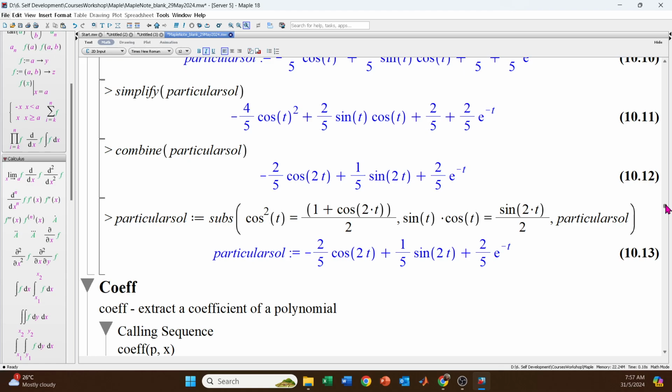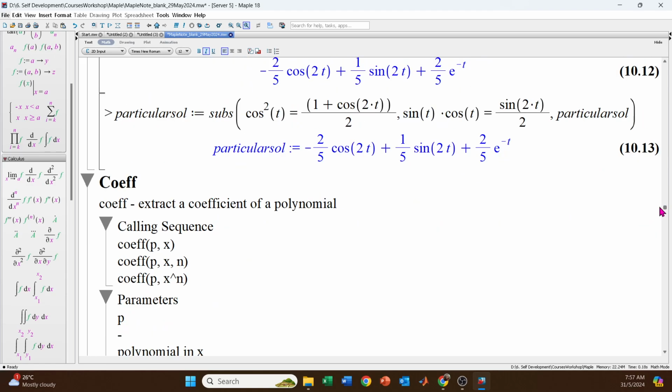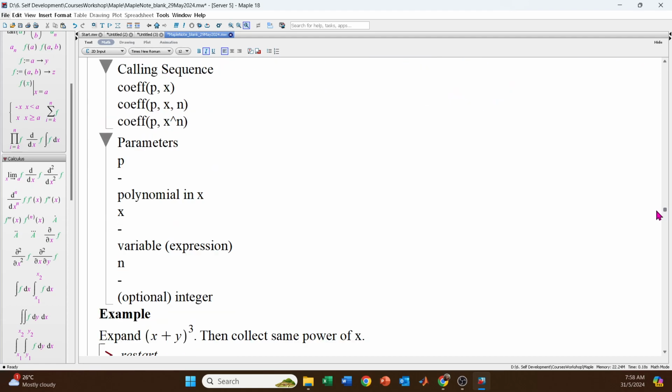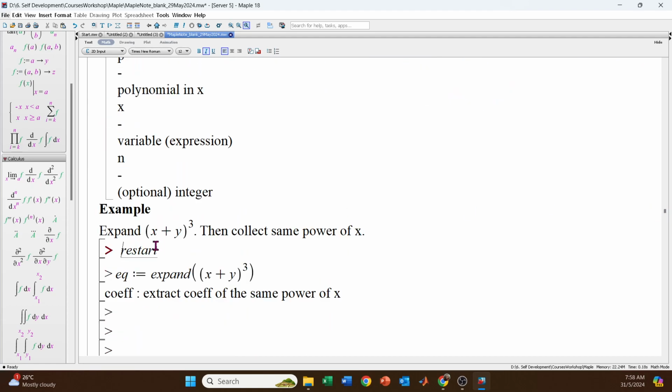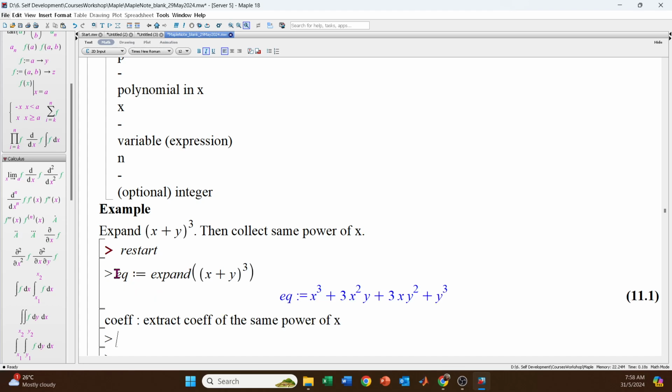Okay, later on, coefficients. It extracts a coefficient of a polynomial: the coefficient of the polynomial p in x, where n is the order. I will normally use coefficients. For example, you expand (x plus y) cubed and save it into the variable eq, the equation. Extract the coefficient of the same power of x, let's say order 0.